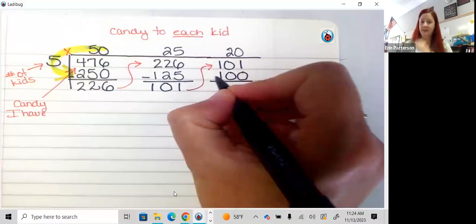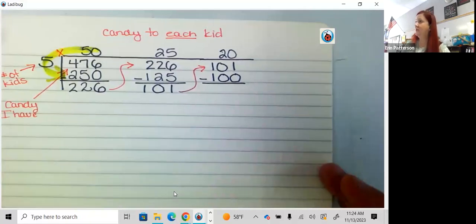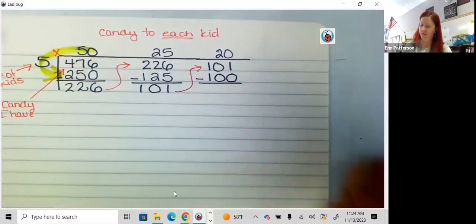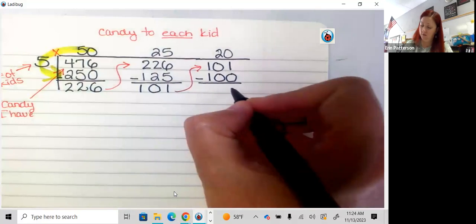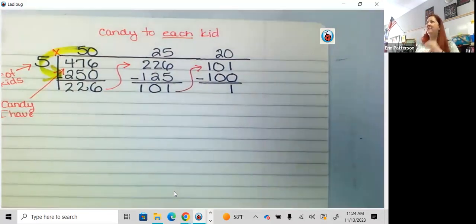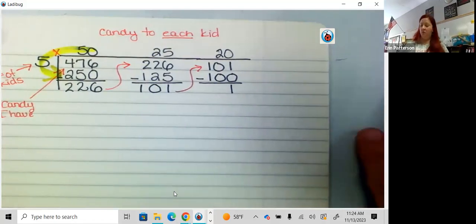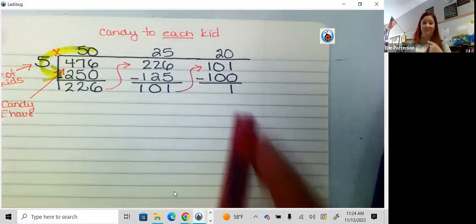I subtract to see how close I got, what I have left. What do I have left? 1. Can I give each kid another piece of candy? No. So this is what's left for Miss Patterson.